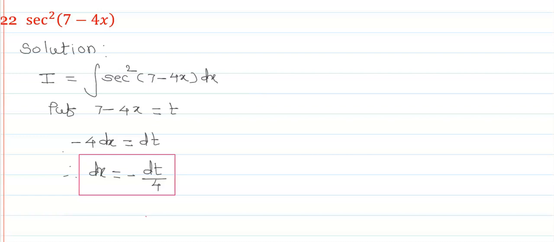Next, our integral changes to I is equal to the integral of sec square of 7 minus 4x, which is sec square t, and the value of dx is minus dt upon 4.